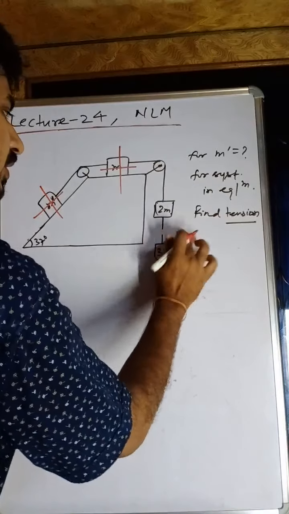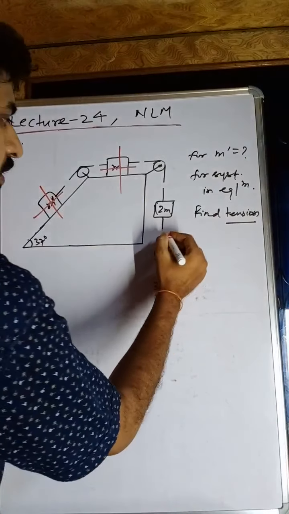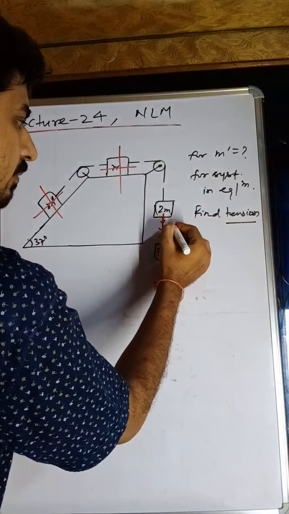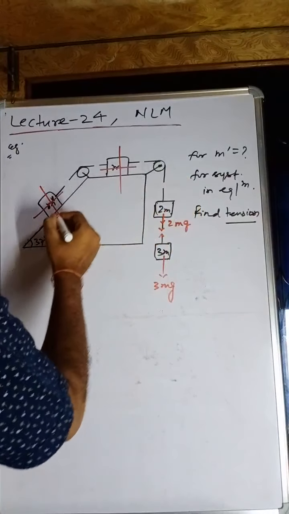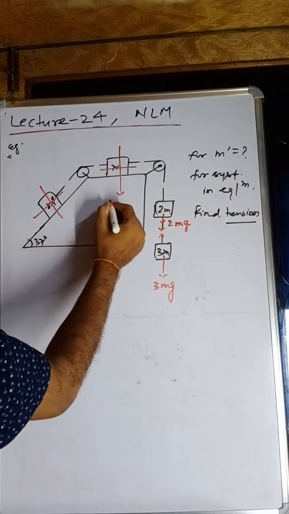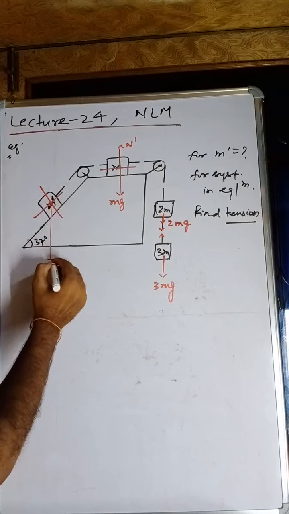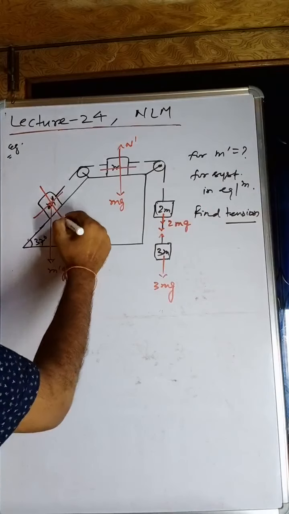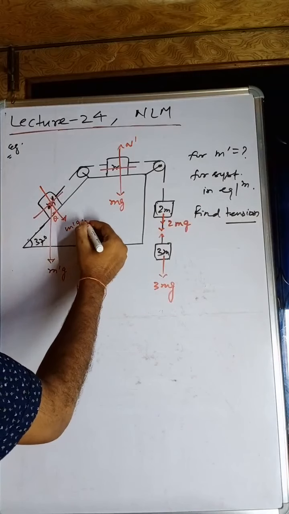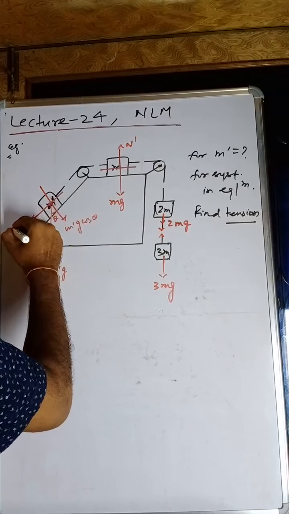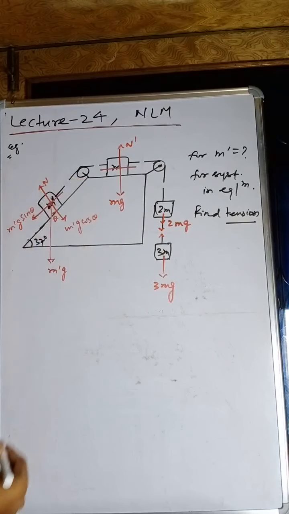So the 3 mg here, the connections should be removed, free body diagram. Here the 2 mg, here the 3 mg. Now here it is mg and it is n dash. Now here m dash g, this should be theta, m dash g cos theta, here m dash g sin theta, it is n.